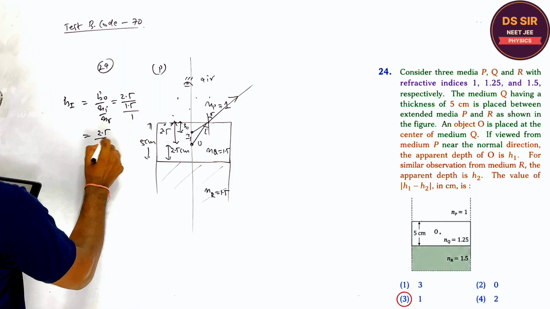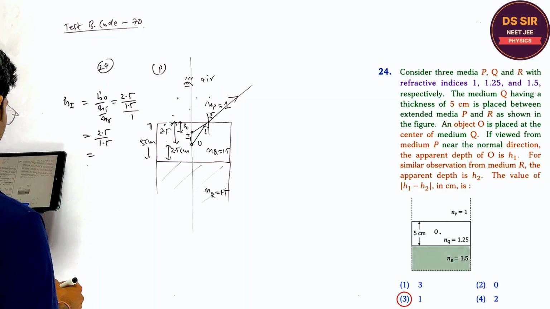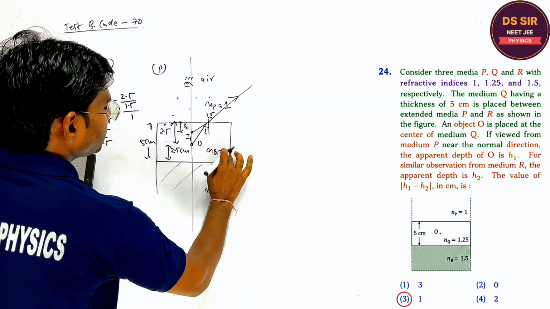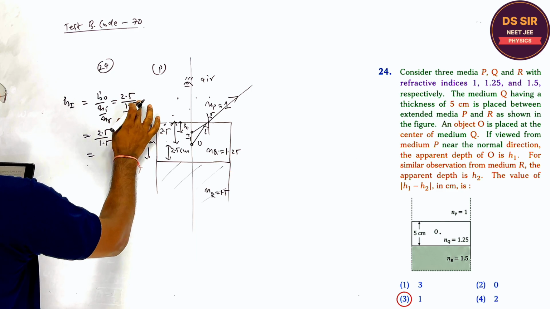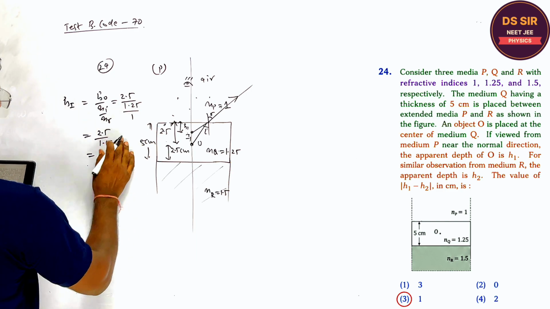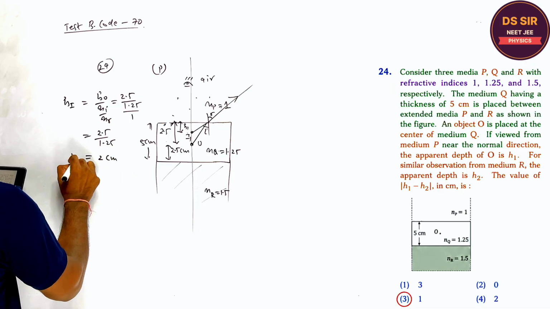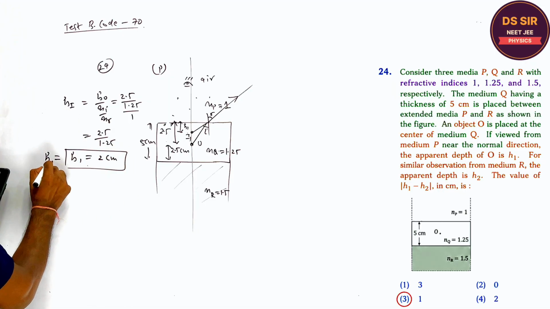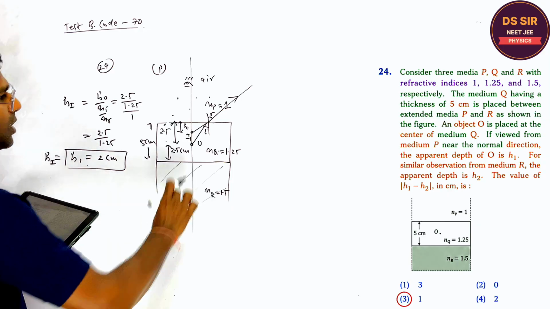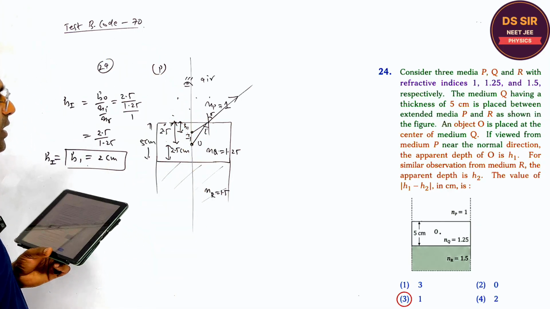So 2.5 upon 1.5. If you simplify this, what will you have? This is 1.25, and you will get 2 centimeter. So according to the question, the image height h1 is equal to 2 centimeter.